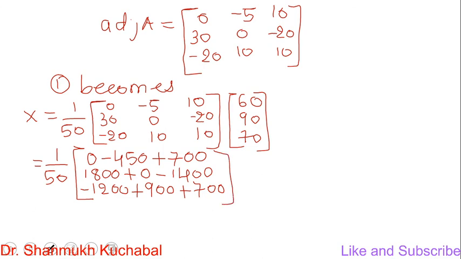So simplifying this, we get the answer as 250, and every element we have to divide by the 50 outside.